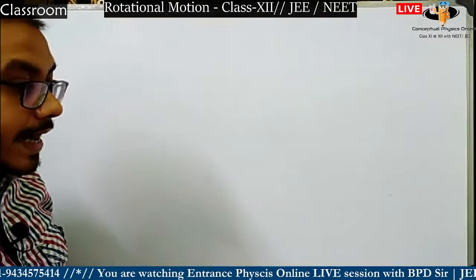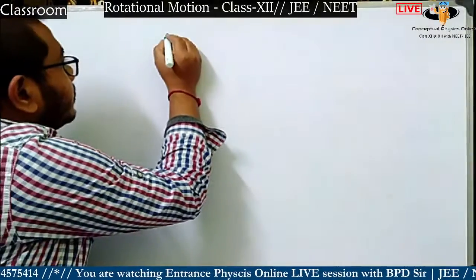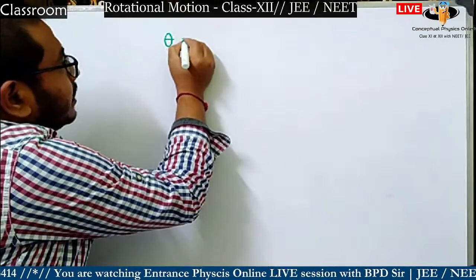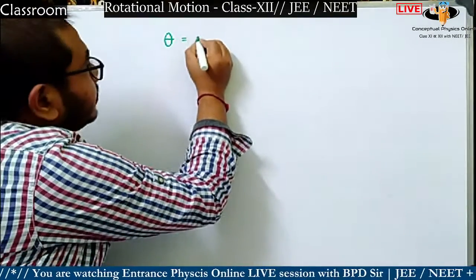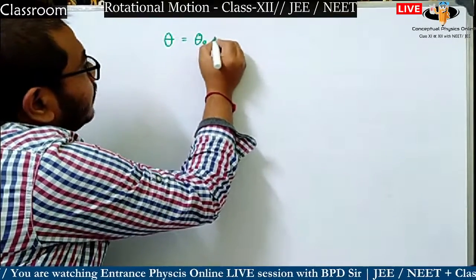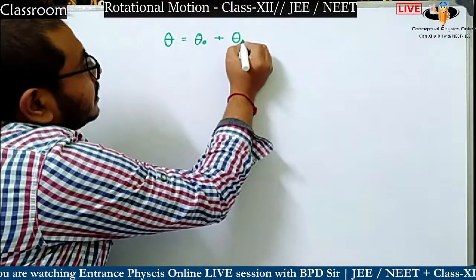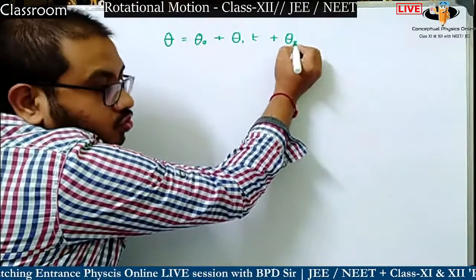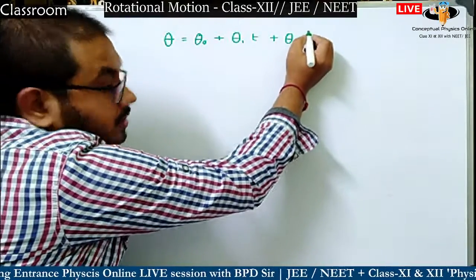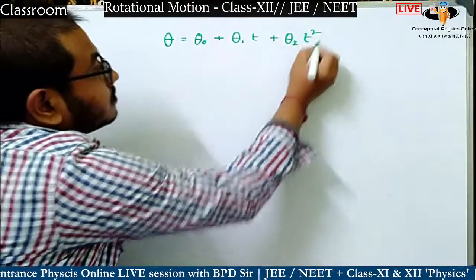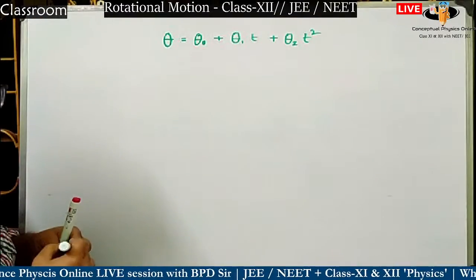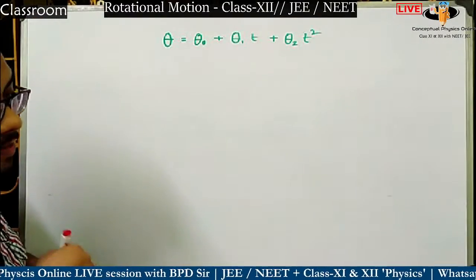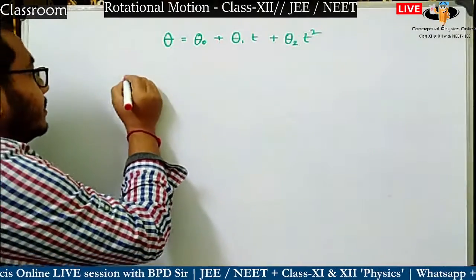The angular displacement, that is theta, is given as theta naught plus theta 1 t plus theta 2 t square. Now it has been asked the angular acceleration.